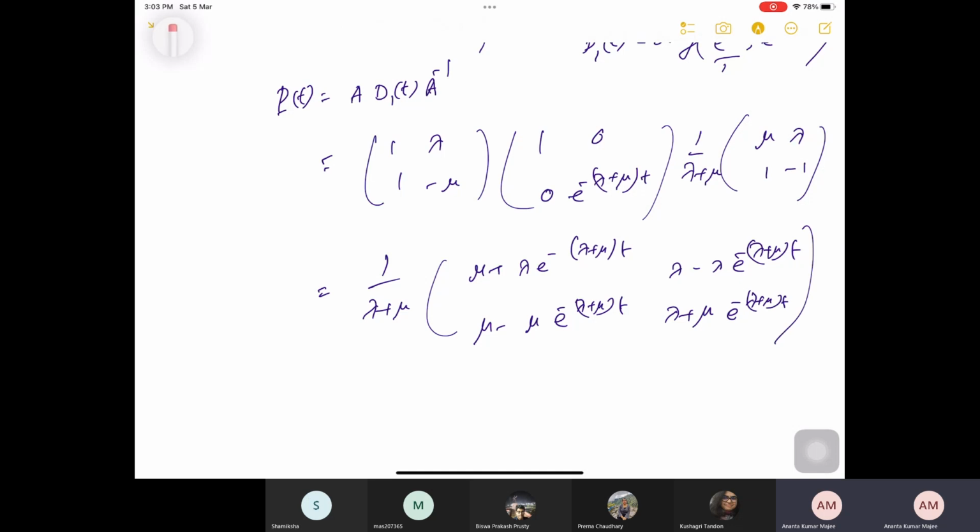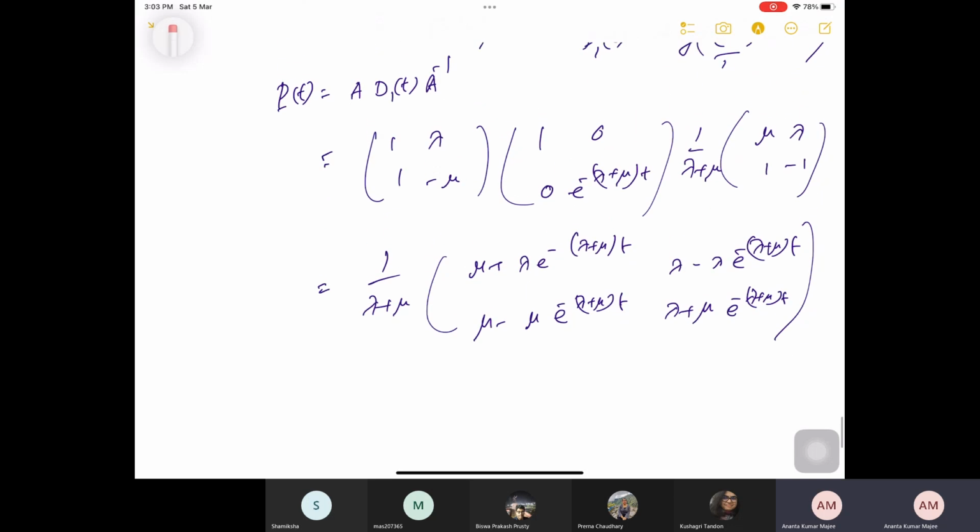You just check yourself; maybe I made a mistake in my calculation. So I have P(t) in this form, with the four elements p11, p12, p21 and p22.